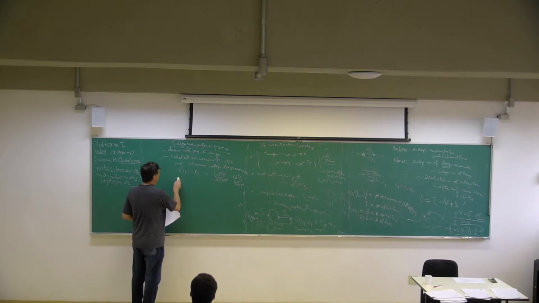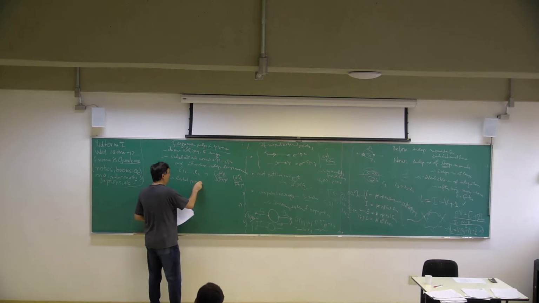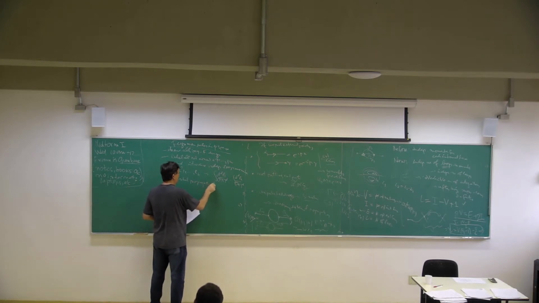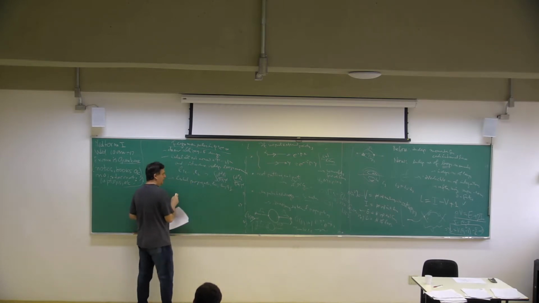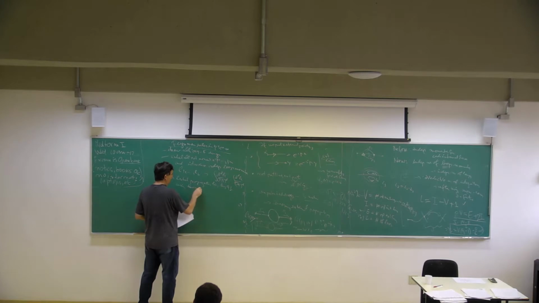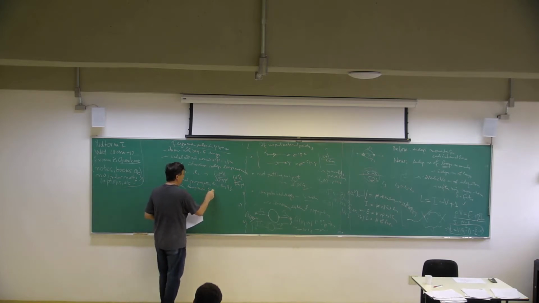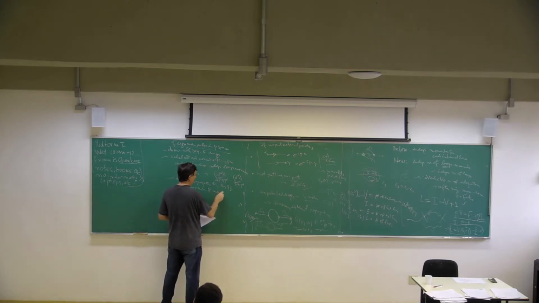And then label propagator lines by qi, or qj, using loop momenta and momentum conservation.